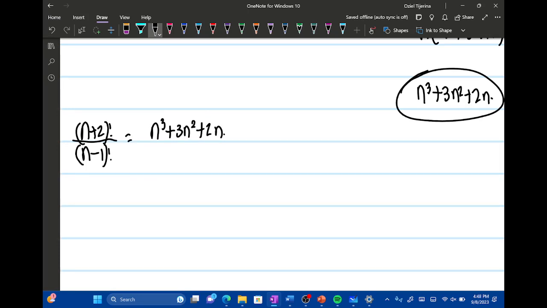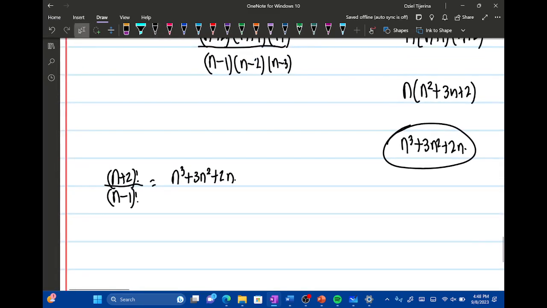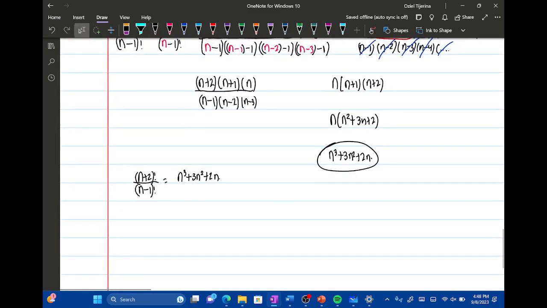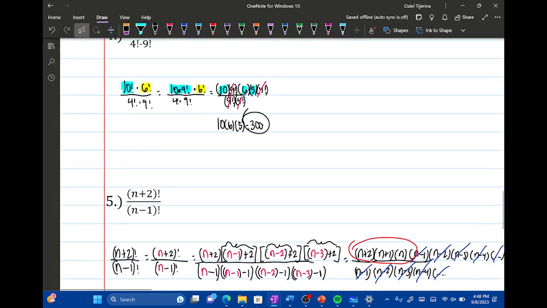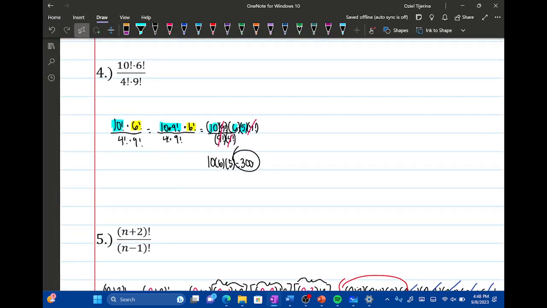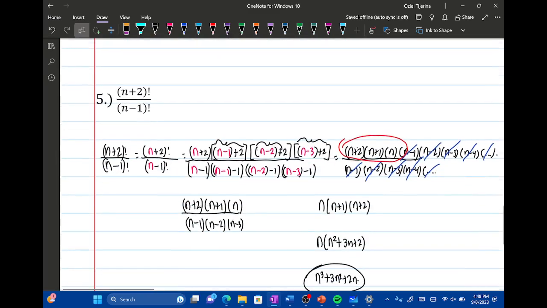So that's the idea of factorials. I wouldn't say these are basic, since for this problem I went a little tougher, but that's how it goes with these.